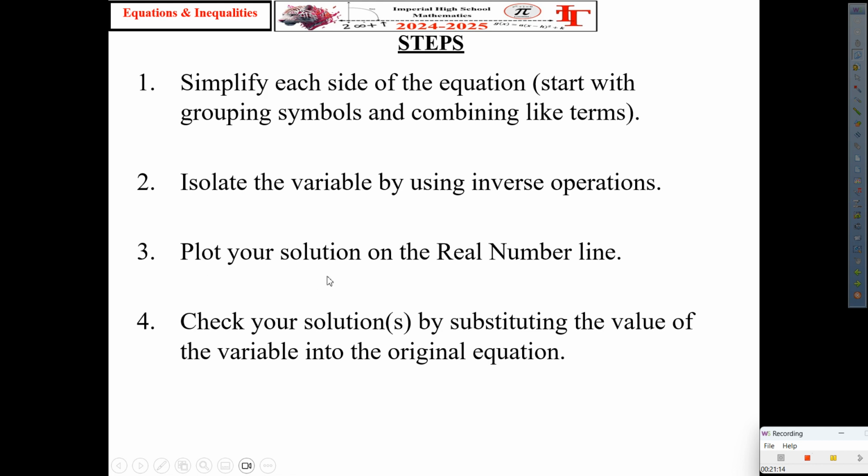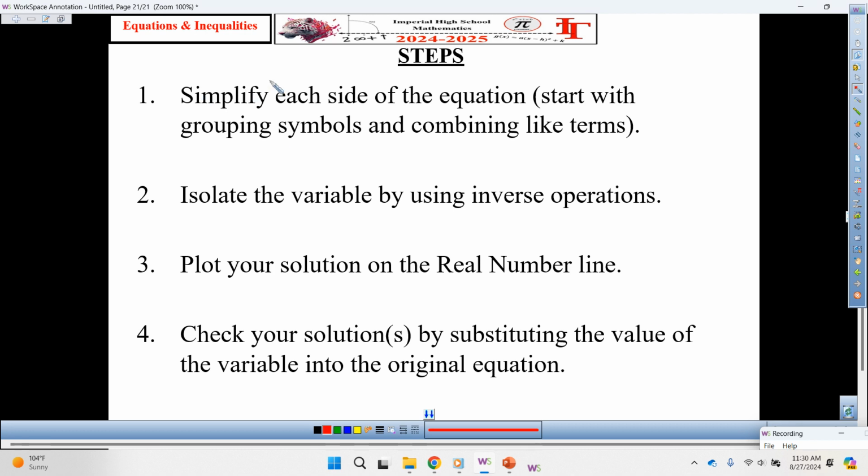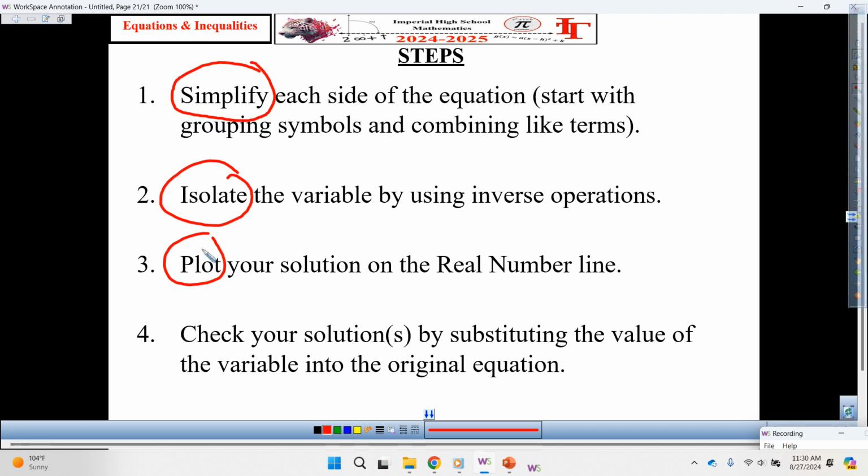Plot your solution on the real number line, and at the end, check your solution. These are the steps that I have people remember the process. Simplify, isolate, plot, and check.